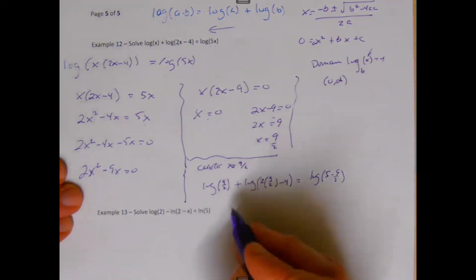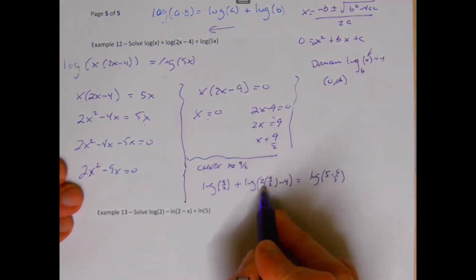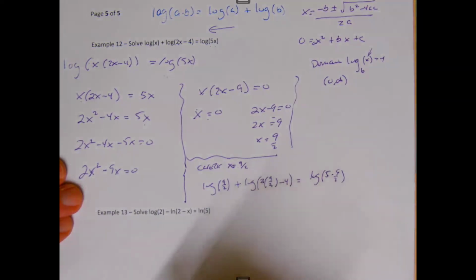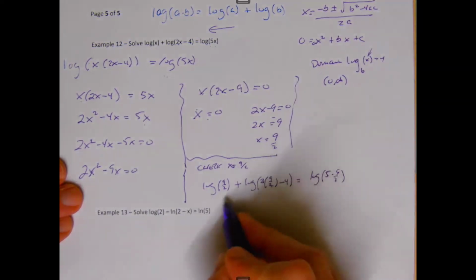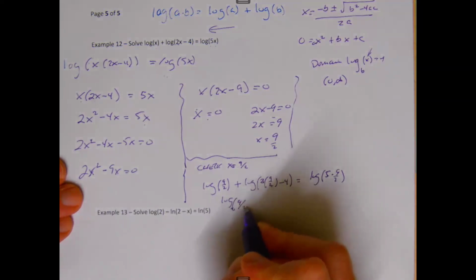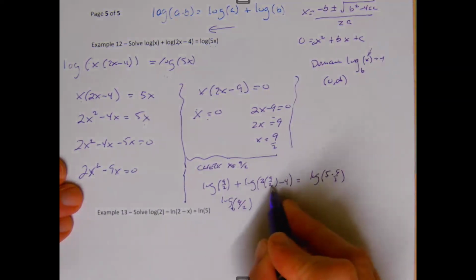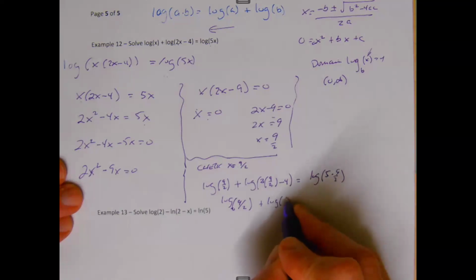So do I have an equality here? Let's figure this out. It's going to cancel here. What I have now is log of, then again, 9 minus 4, that's a 5.